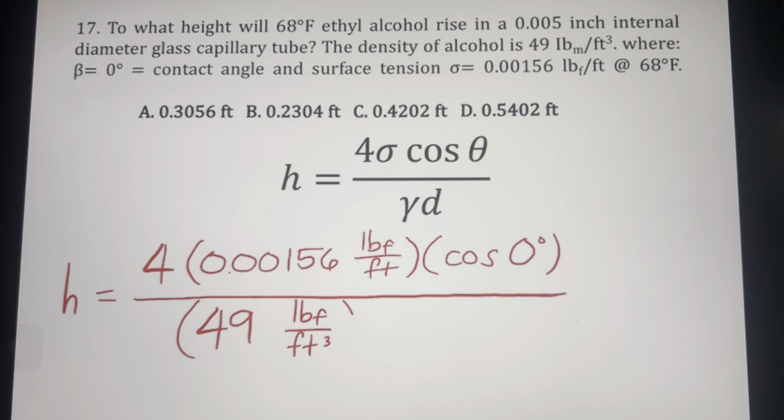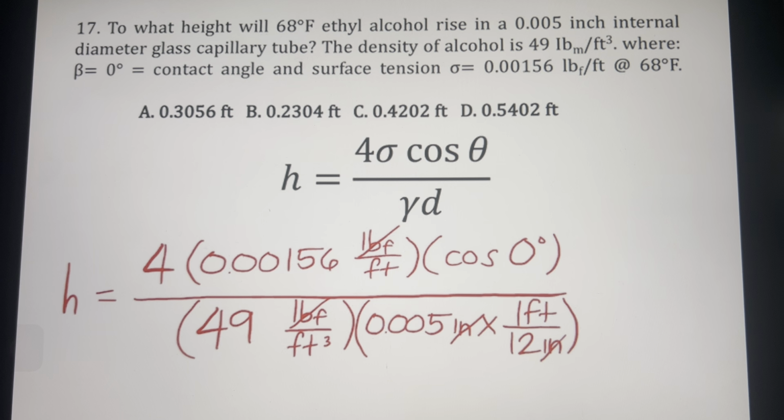That's our gamma, and the diameter is 0.005 inches. So we can see our dimensions must all be expressed in feet. So we must convert this, 12 inches in 1 foot. Okay, we can cancel out pound force, and we can cancel out 2 of the feet.